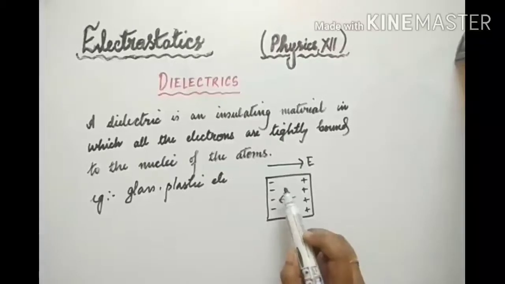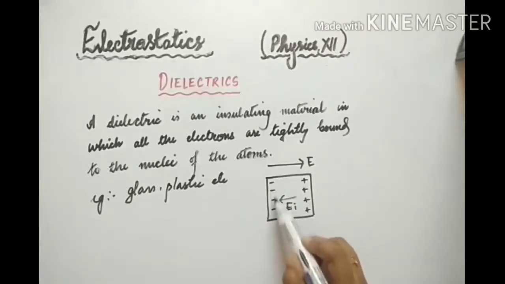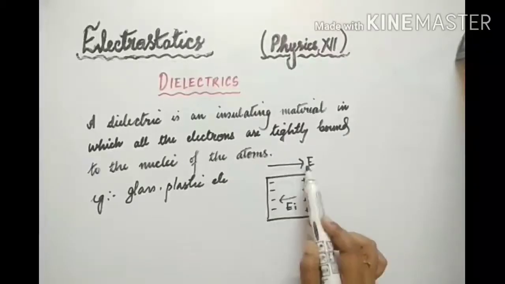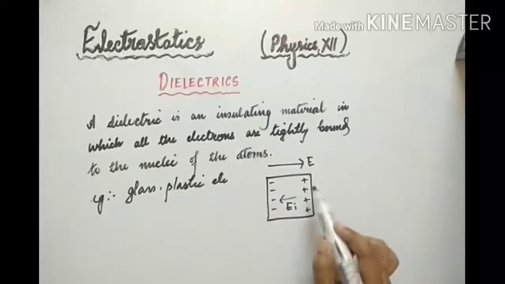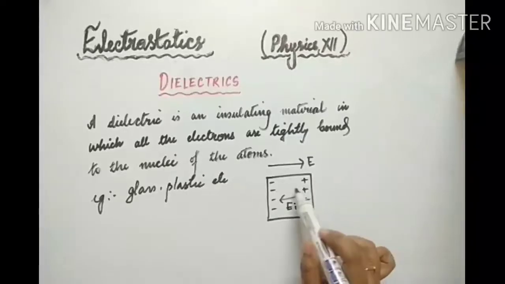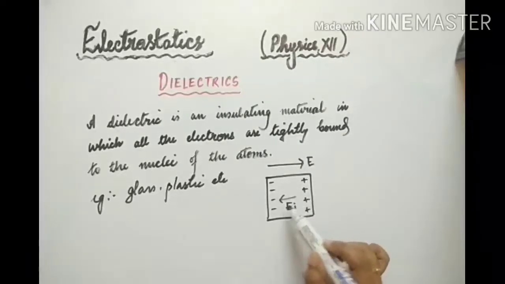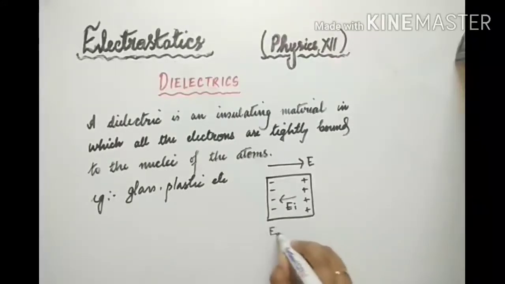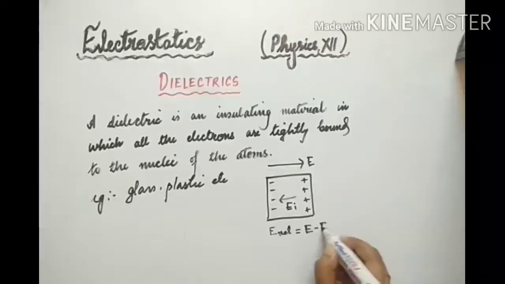The negative charges arrange themselves on this side because the electric field is in this direction, so negative charges are induced on this side and positive charges on the other. Inside the material another electric field is created, known as E induced. So the net electric field can be written as E minus EI.